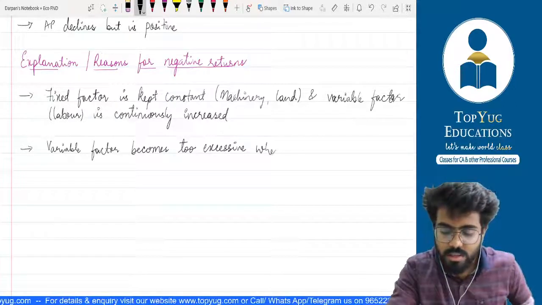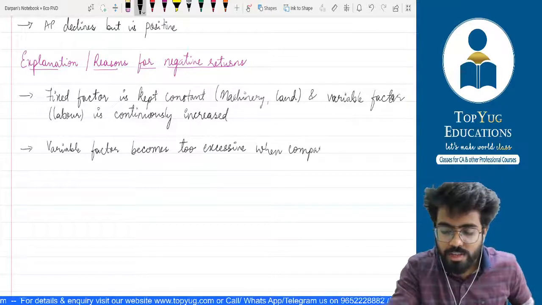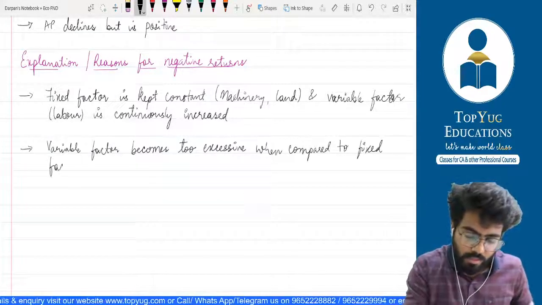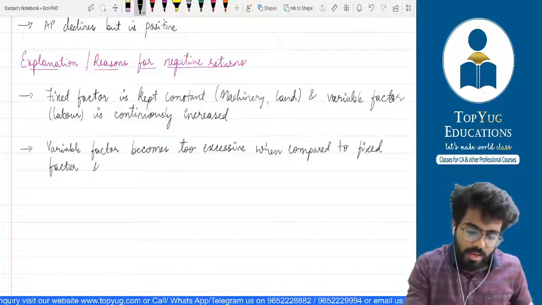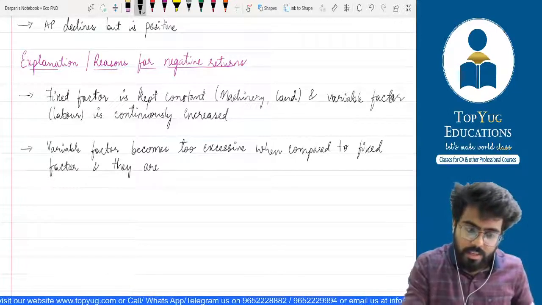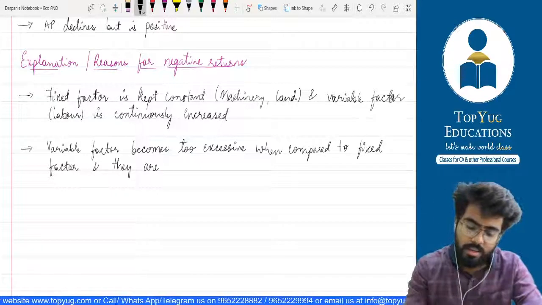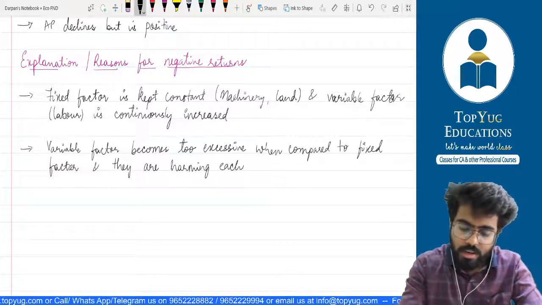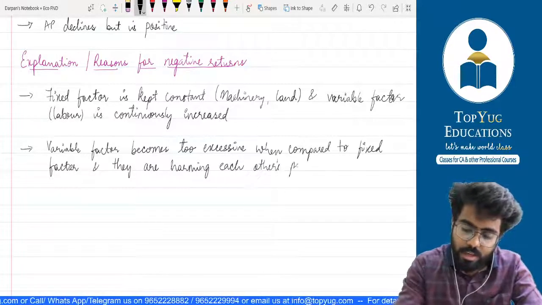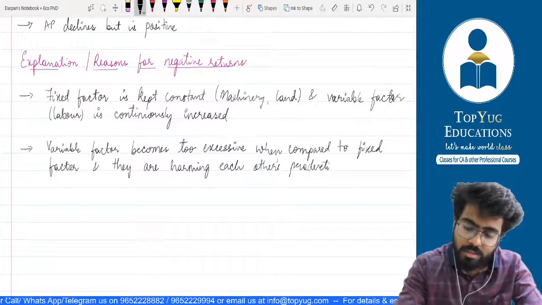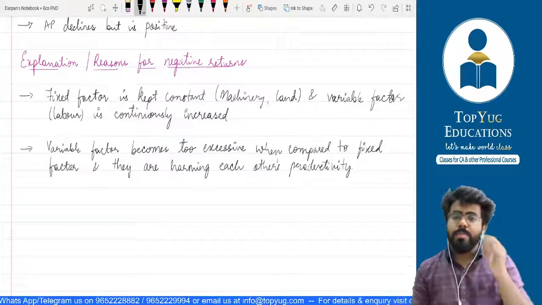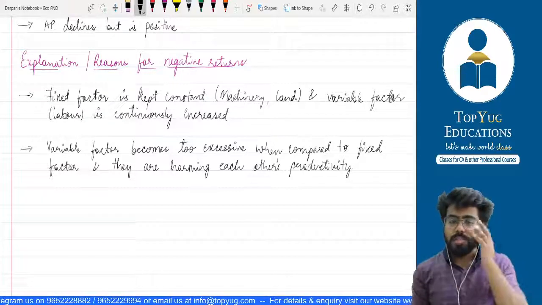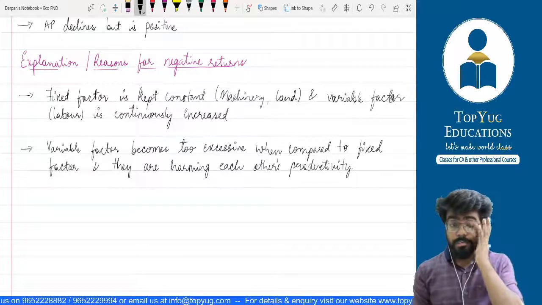They're too much in excess, too excessive when compared to the fixed factor, and they are harming each other's productivity. That is why your total product itself is decreasing, right?